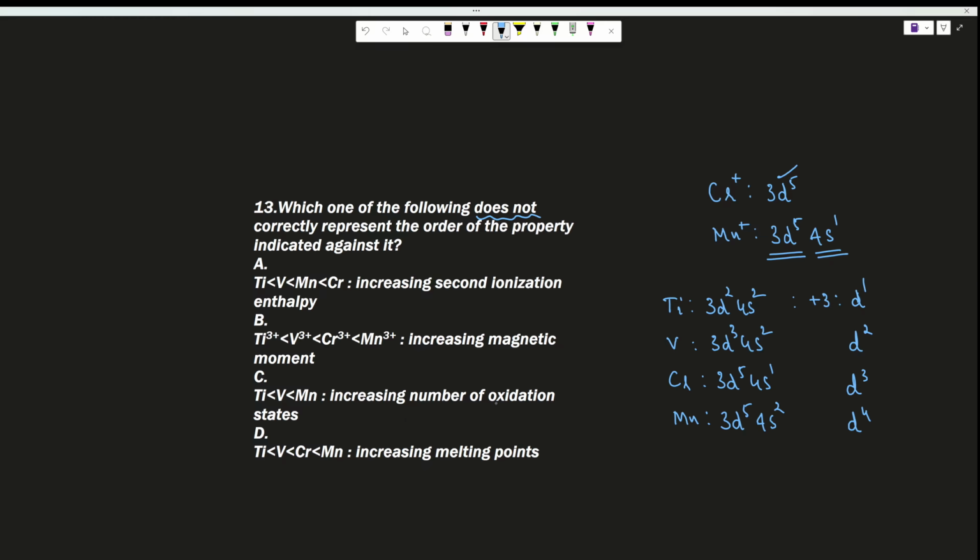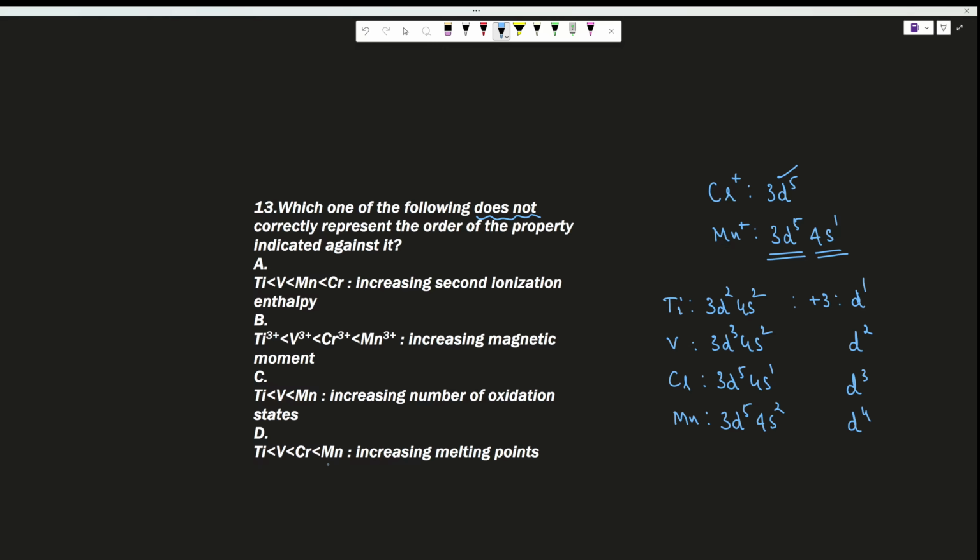Next, increasing number of oxidation states. Yes, of course, because titanium has 4 electrons, then 5, and manganese has 7, so the number of oxidation states will increase. Next, the last one is given as increasing melting points: titanium, vanadium, chromium, and then manganese.